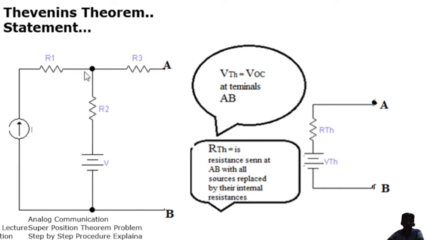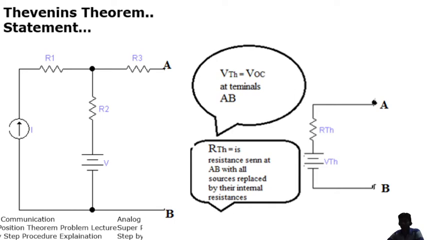See, this is a simple bilateral DC network. It has three components, that is R1, R2, R3, and two independent sources, that is a current source and a voltage source. This type of circuit network can be replaced with an equivalent Thevenin circuit.